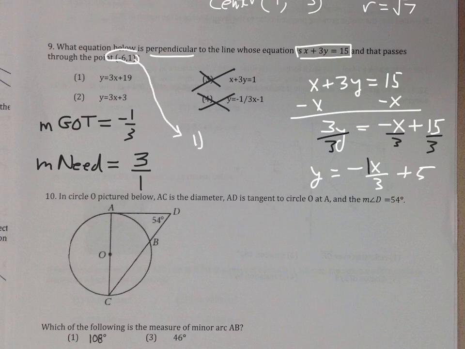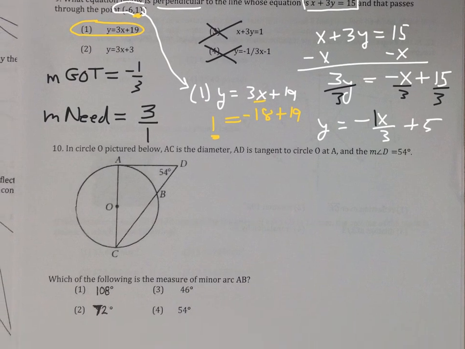If we tried out choice number 1, which is a candidate for a possible answer, if I plugged in the -6, I get -18 plus 19, which equals 1. So you can see that that y value came true. The y came out to be 1 when I used a -6 for the x. So this is the only equation that could work out, choice number 1.